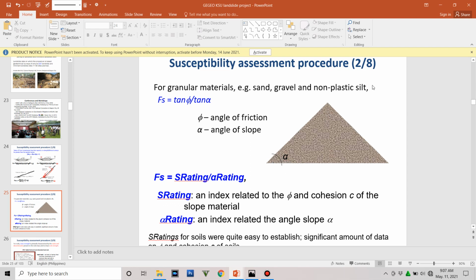So this is in a dry condition, of course. The angle of friction is the internal intact strength, and alpha here is the angle of slope, the maximum angle that this material could withstand.